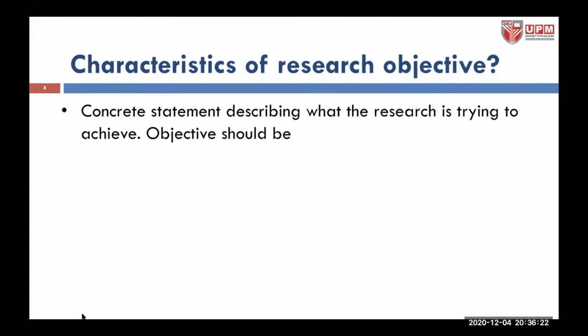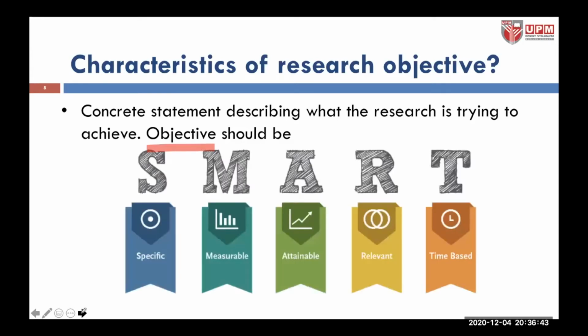What are the characteristics of a research objective? It is a concrete statement describing what the research is trying to achieve. And normally, a good research objective or just general objective should be written in a SMART way. Maybe some of you have already heard about this, that an objective should be SMART. And what are the elements of SMART?